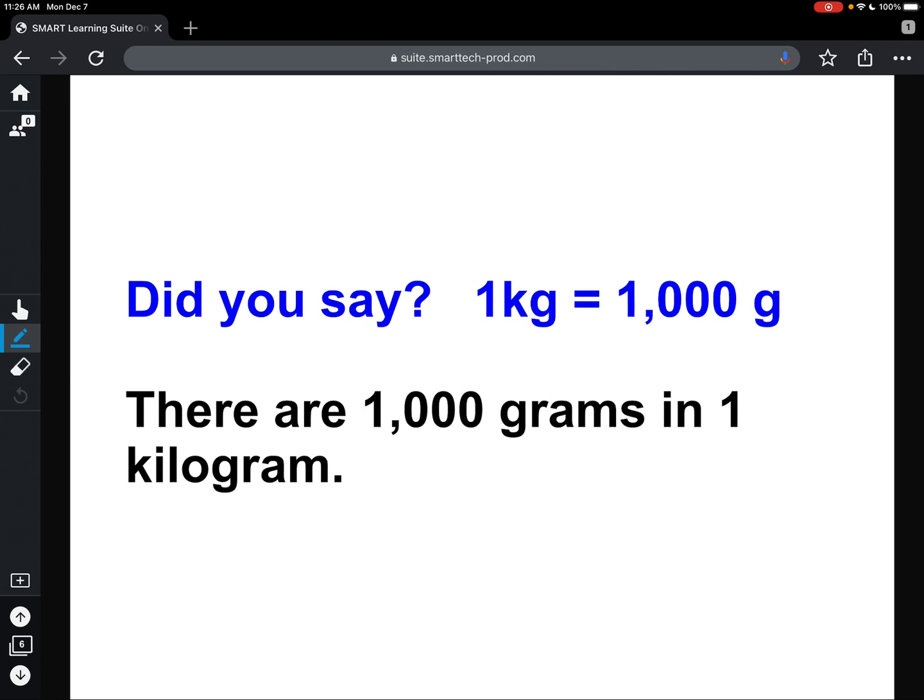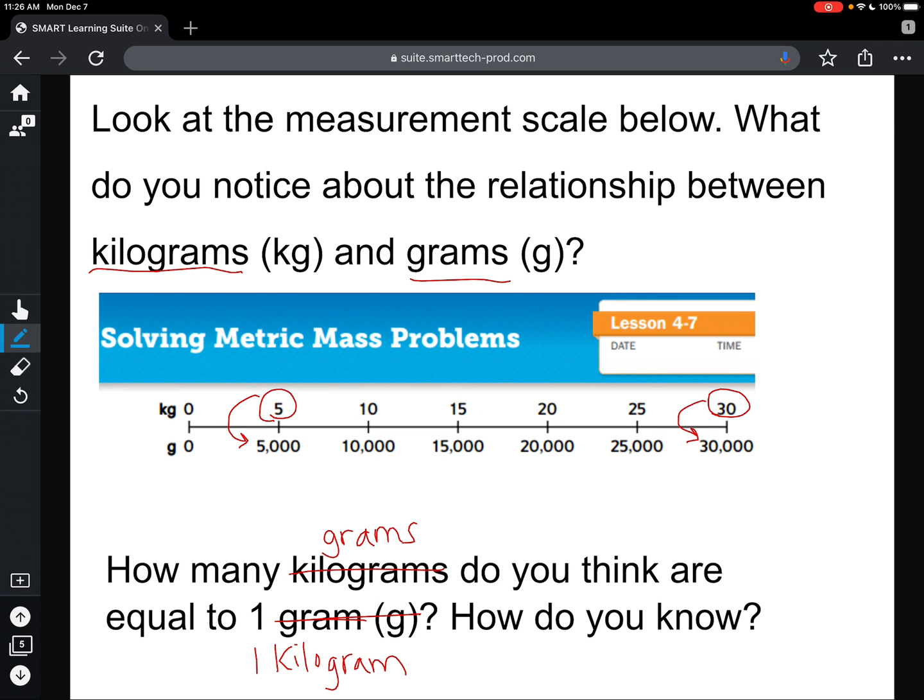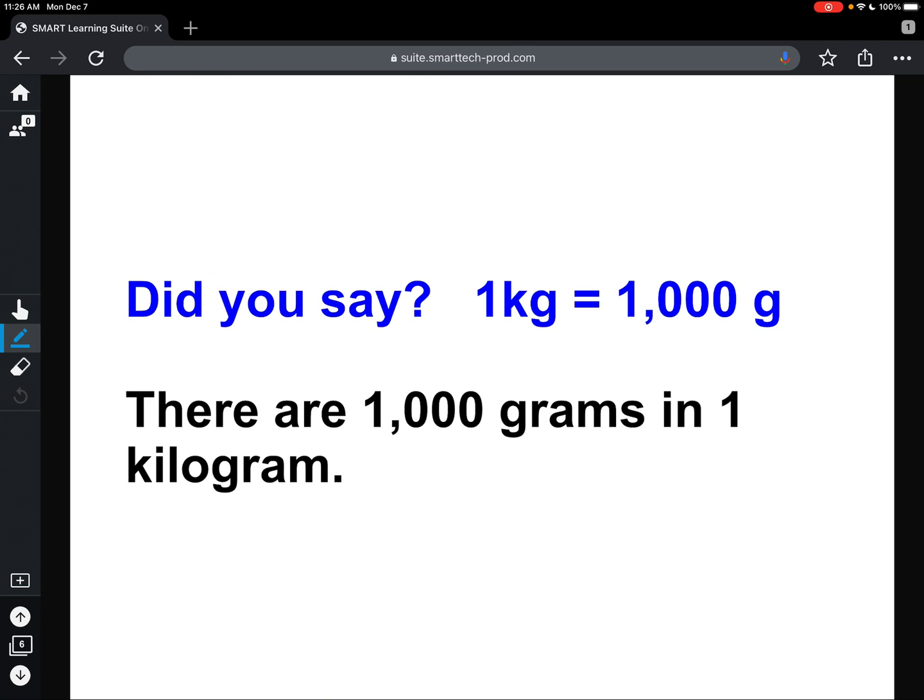Did you say in 1 kilogram there are 1,000 grams? I hope so. So, based on this scale, we know that in 1 kilogram there are 1,000 grams. That's going to be very important for us to remember as we go through this lesson today.